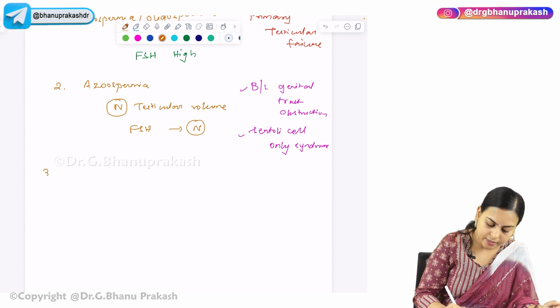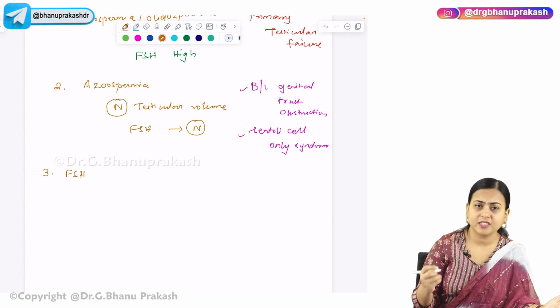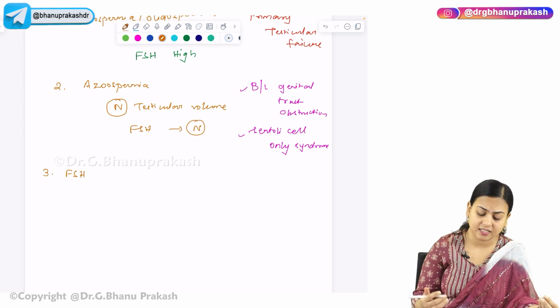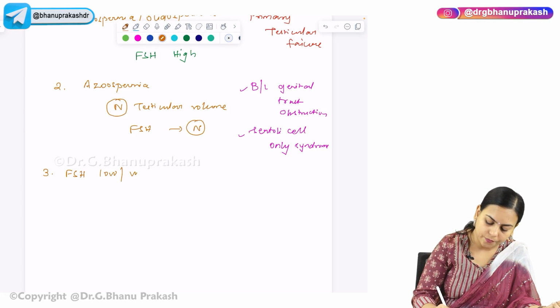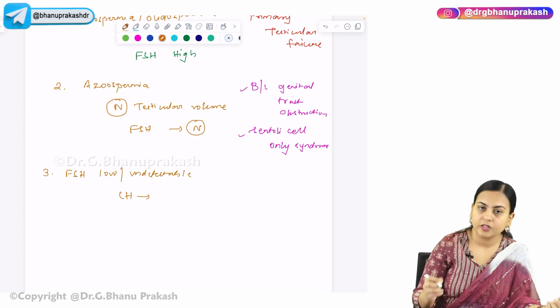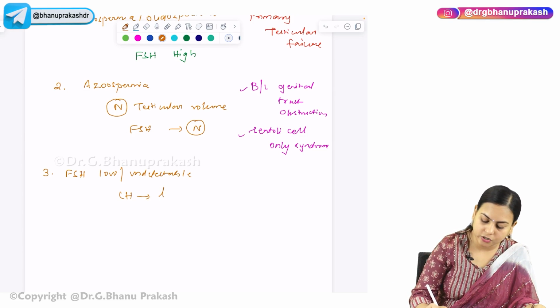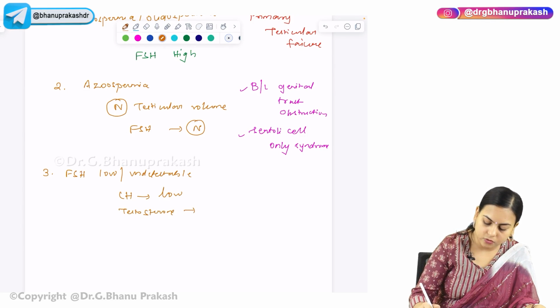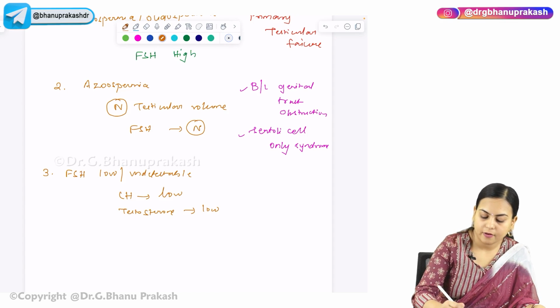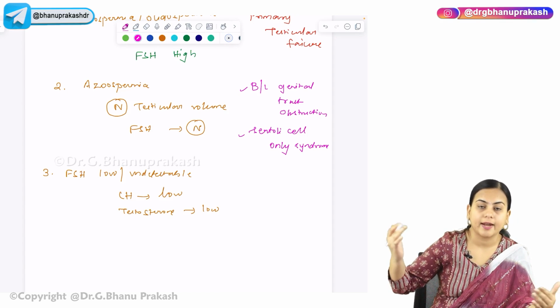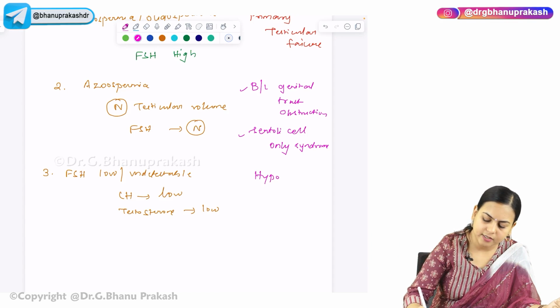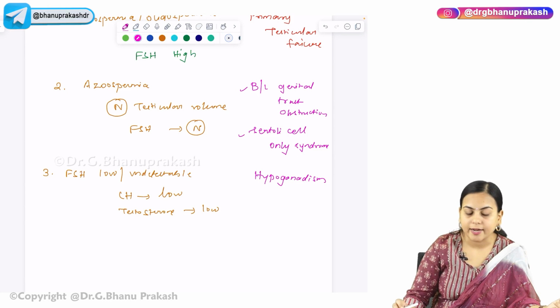Okay. And the next one is, suppose the FSH is very low or undetectable. Remember, you have to check the other hormones now as well. LH is also low, testosterone is also low. What you will have? You will have hypogonadism. Okay, so everything is low, right? That means the patient is having hypogonadism.